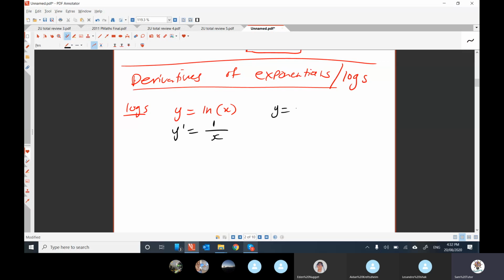So we'll do one more. Y equals log of x squared plus 5. What does y dash become? Natalia, you want to try it? Derivative of the inside over the inside. 2x over x squared plus 5. Maybe I'll write that now.